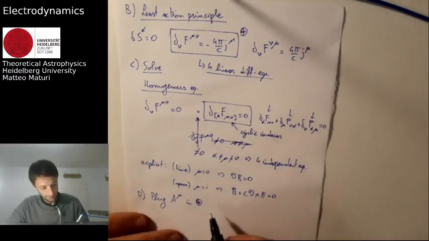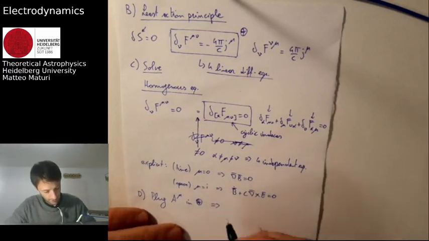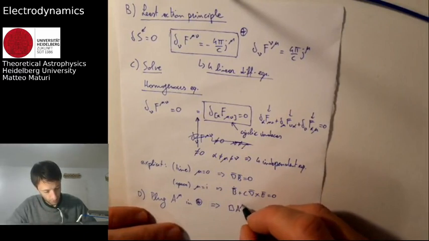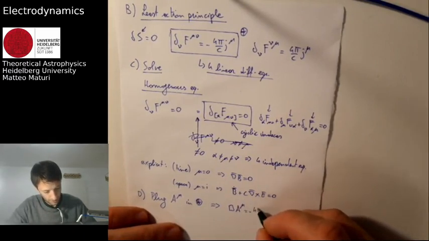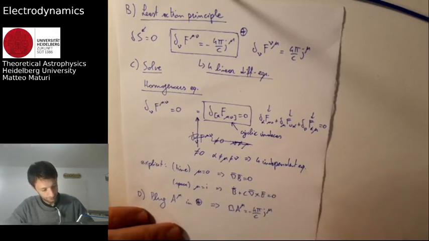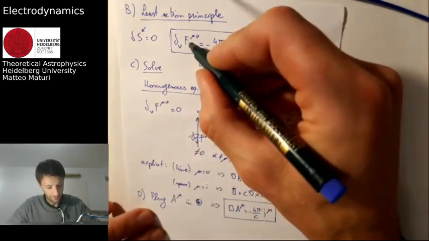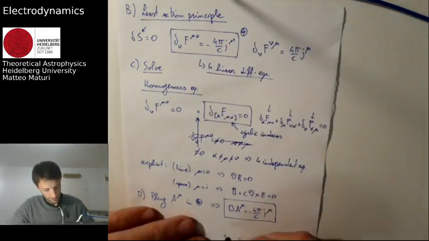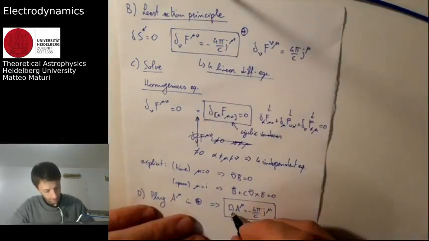If we do that, what we obtain is the following equation: □A^μ equal to minus 4π over c J^μ. You can just plug it in because F is expressed in terms of A. And this is the D'Alembert operator.